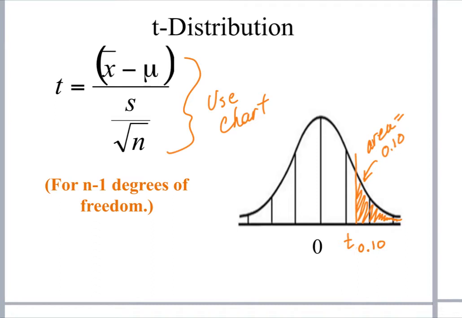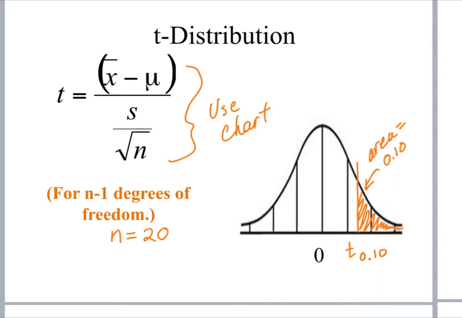To do this, we not only need to know in what area we are interested, we also need to know how big our sample is. So let's say, okay, this is for small samples. Above 30 works best, but you can still use it to get an approximation for something as small as 20. So let's do it for 20. Push all this aside for the moment.